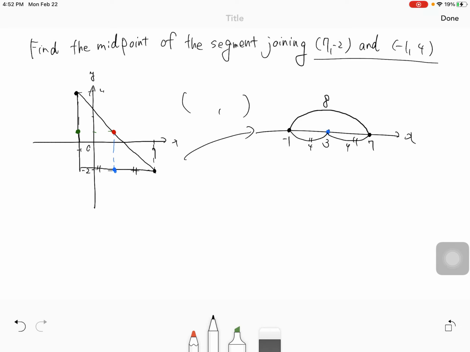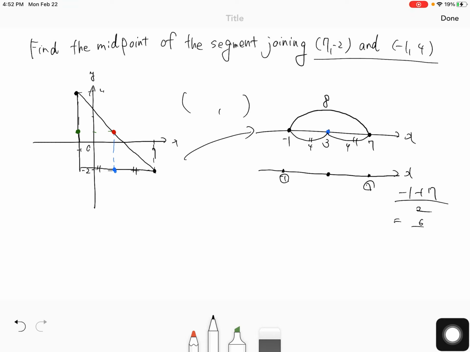You can calculate it like that, or you can use the midpoint formula, which is you can just simply add the values of these points, -1 plus 7, and divide by 2. Then you can find the value here.